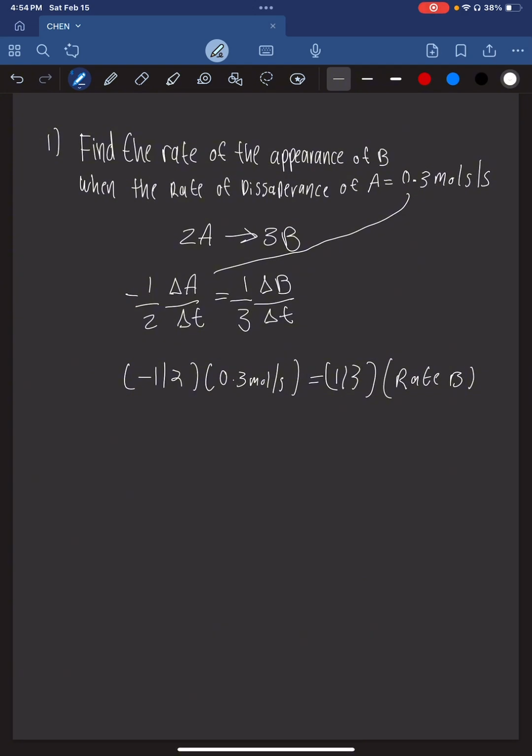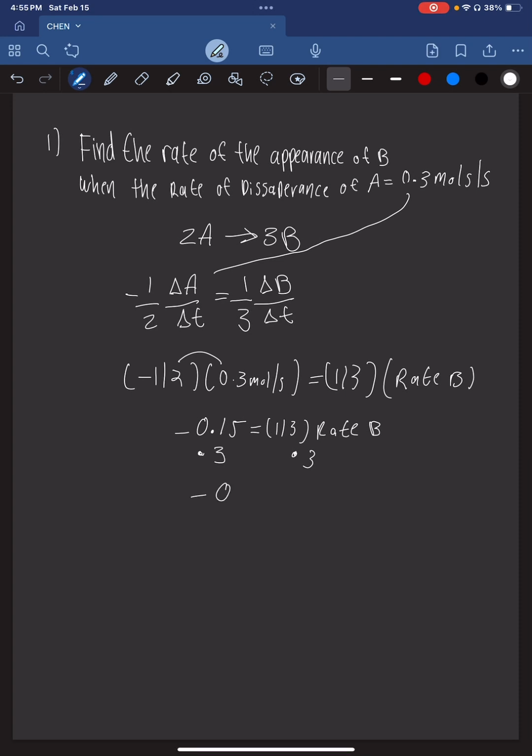Now, all we have to do is solve for it. So we could just multiply these together. Negative half of 0.3, what is that? It's negative 0.15, which is equal to 1/3 of the rate of B. And to get B by itself, we multiply both sides by 3.